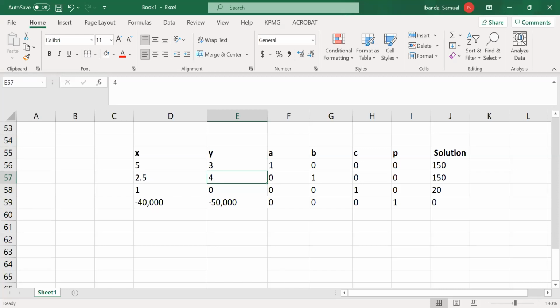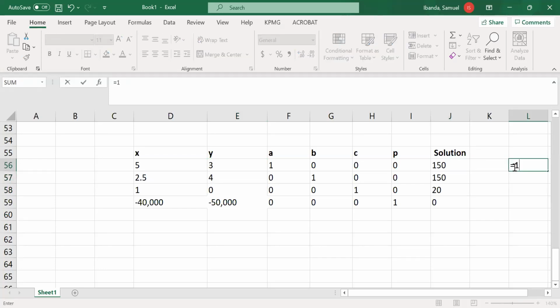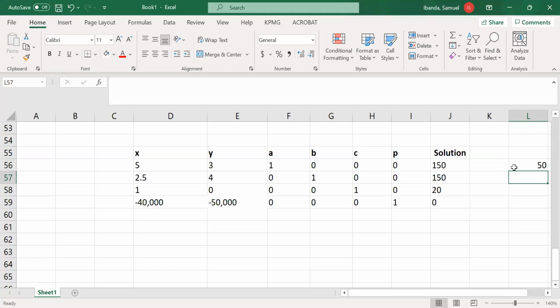Now, I want you to look critically. What we are going to do is divide the solution column by this column. So 150 divided by 3 gives you 50. 150 divided by 4 gives you 37.5.